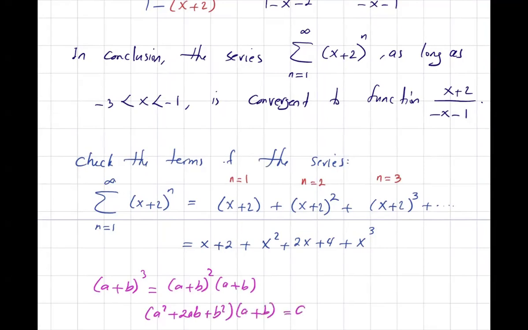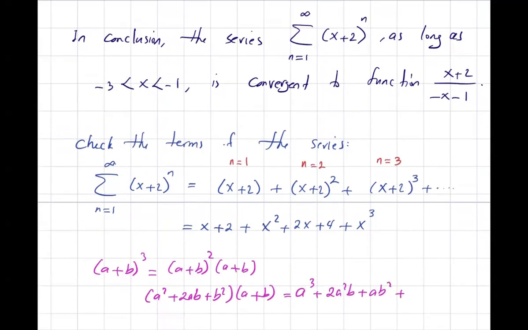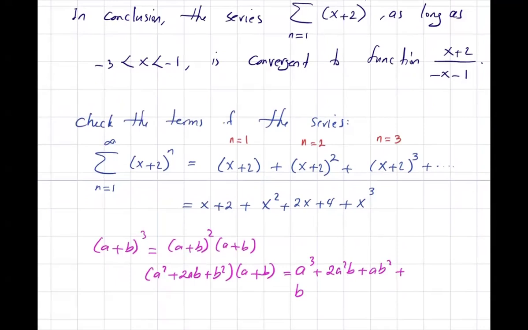If you do the distribution, you get a cubed plus 2a squared b plus ab squared plus, you get b cubed plus 2ab squared plus ba squared.